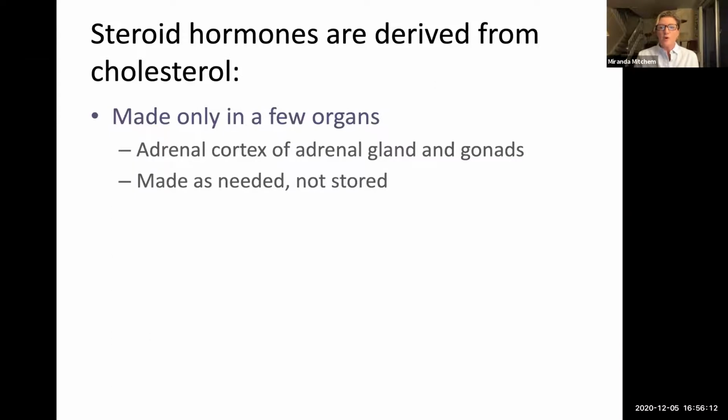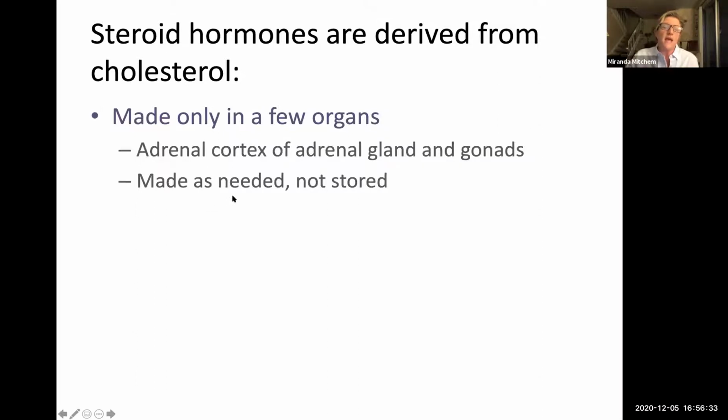Now, steroid hormones are made in very few places. They are made in the adrenal cortex, which is the outer part of the adrenal glands, which sit on the kidneys, or the gonads. And if we're talking about male versus female, there's different hormones that come from the different type of gonad.